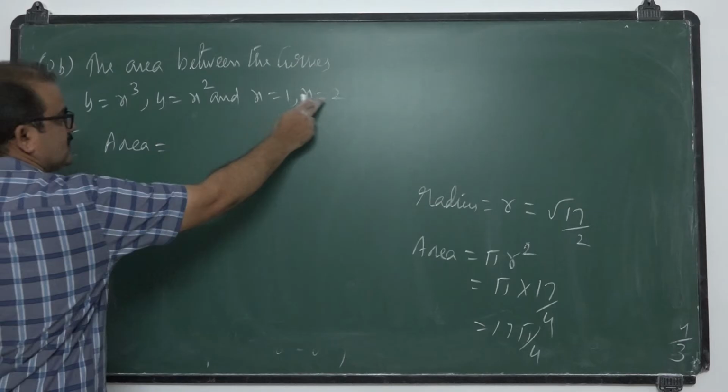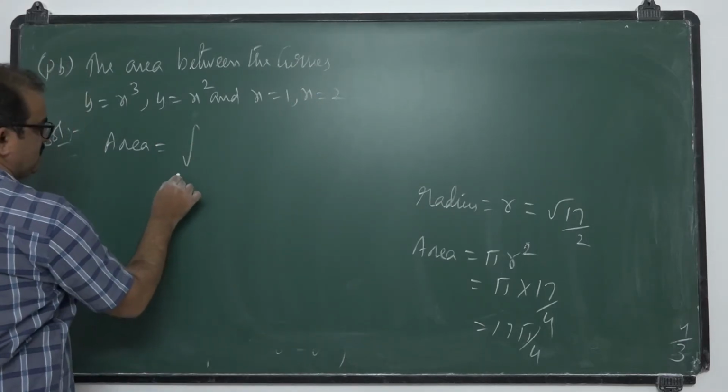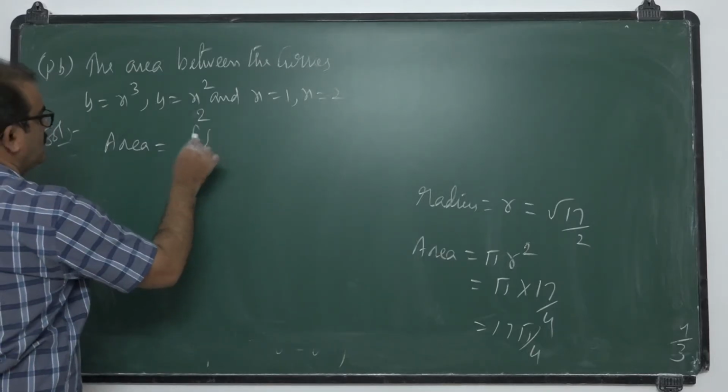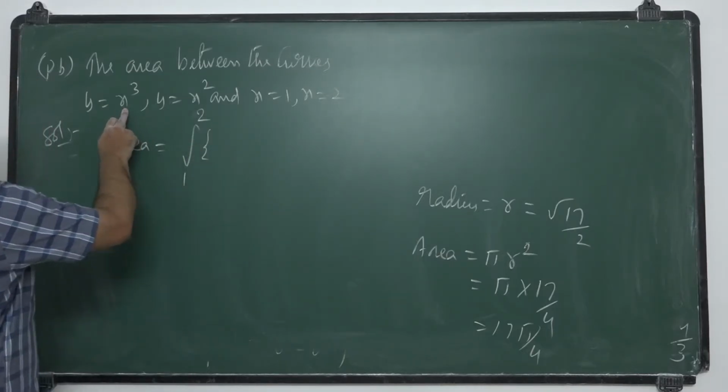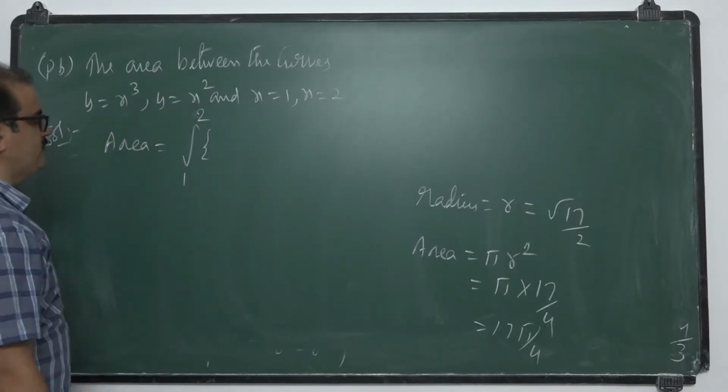These are the limits of the variable x. What are the limits of x? x is equal to 1 to x is equal to 2. What are the curves? These are in the form of y is equal to f of x, y is equal to g of x.